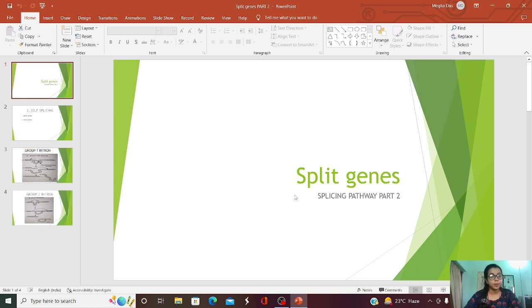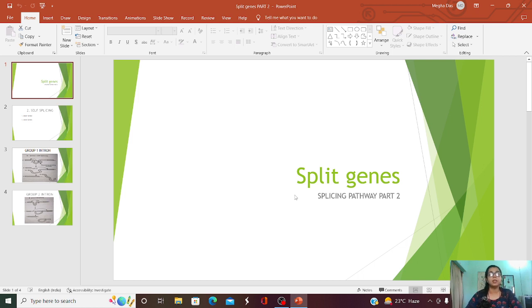So let's proceed. In the second part, we will be seeing the second type of splicing mechanism, that is the self-splicing mechanism. Before going to the mechanism part, let me first tell you what we mean by self-splicing. The common meaning is that the process is done by itself. It does not require the help of any other mechanism or any other protein in the splicing pathway.